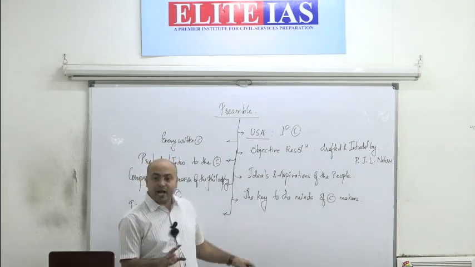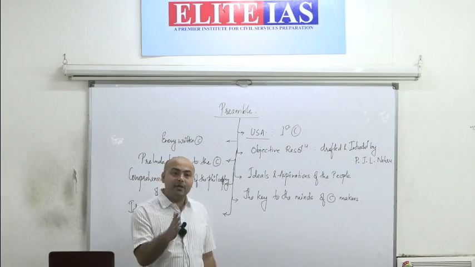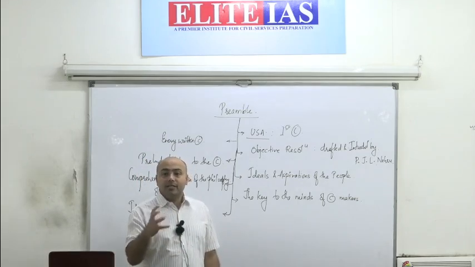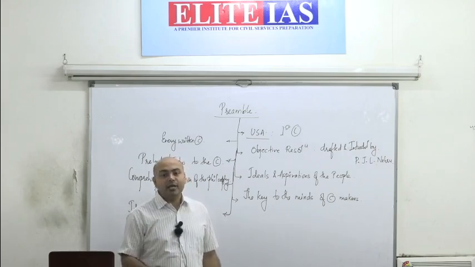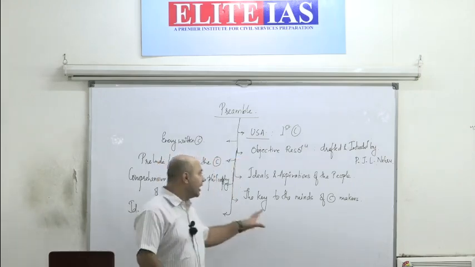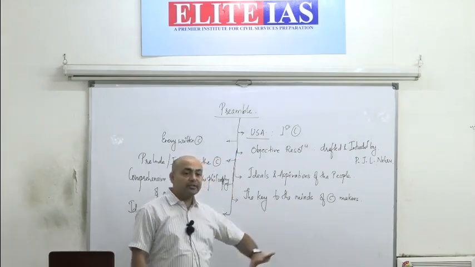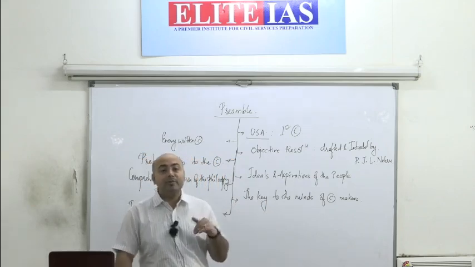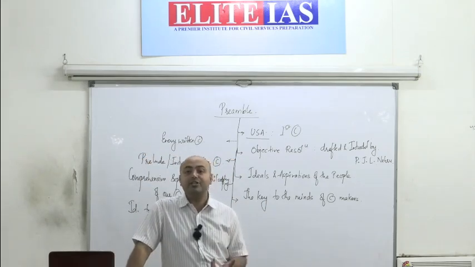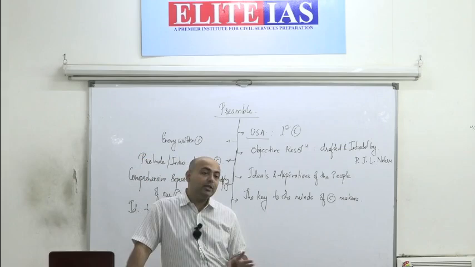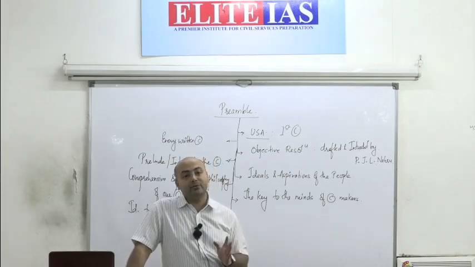Nature means you have to specifically describe what nature the preamble is of, what characteristics it has. You cannot just write that it is ideals and aspirations. And I have seen that people start describing the terms that are mentioned in the preamble. That is absolutely wrong. If you do that, you get a 0.